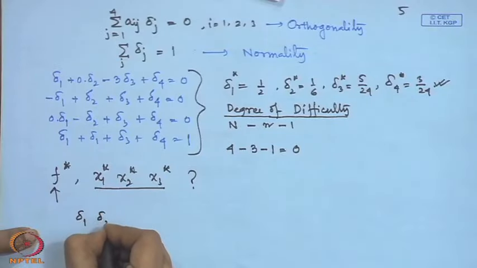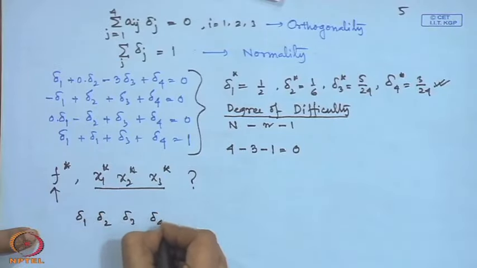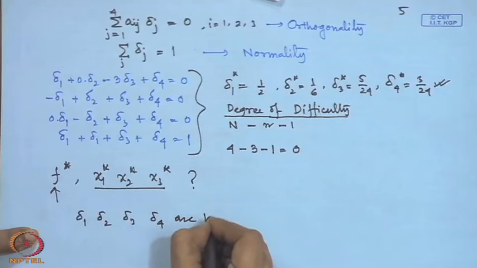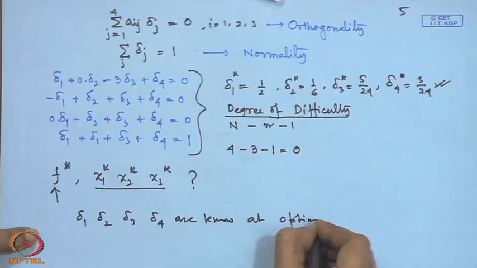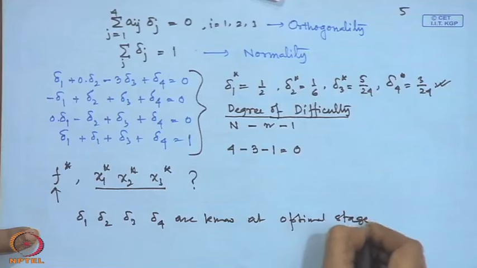Then we can stop our process there itself, because in the next stage we are going to calculate f star. What are the known things for us? We know delta 1, delta 2, delta 3 and delta 4, these are all known at the optimal stage. From here we will calculate the value of f star.